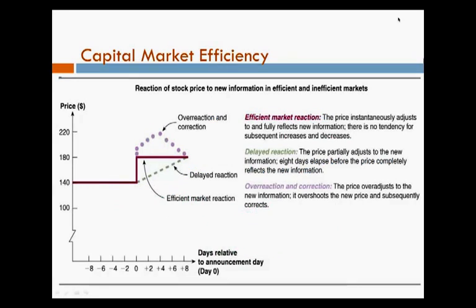But anyway, this is how markets react. In a completely efficient market, this is the point of the earnings announcement. It finds its new level, either above or below. This is just showing above. And then at that moment in time, it will just trade at that new market price. One of two things generally happens. Either there's an overreaction to positive news, and it goes up above where it should, and then has to find its way back to its new appropriate level.